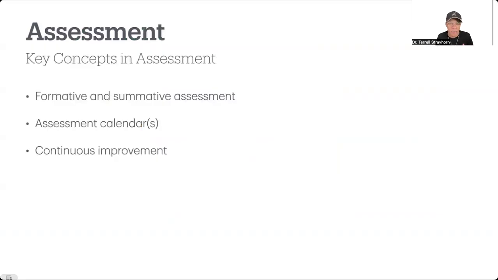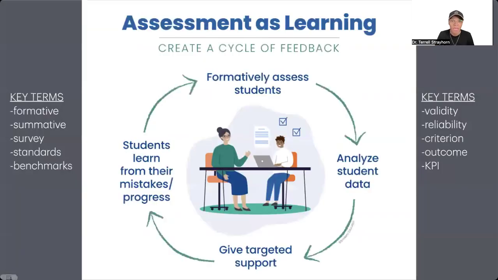Several key concepts that you will cover in this module are formative and summative assessments. You'll see some reference to tools of assessment, and then ultimately the notion of continuous improvement. And as you move through the readings and the videos, I call your attention to these key terms, as well as phrases and terms like standards and benchmarks.